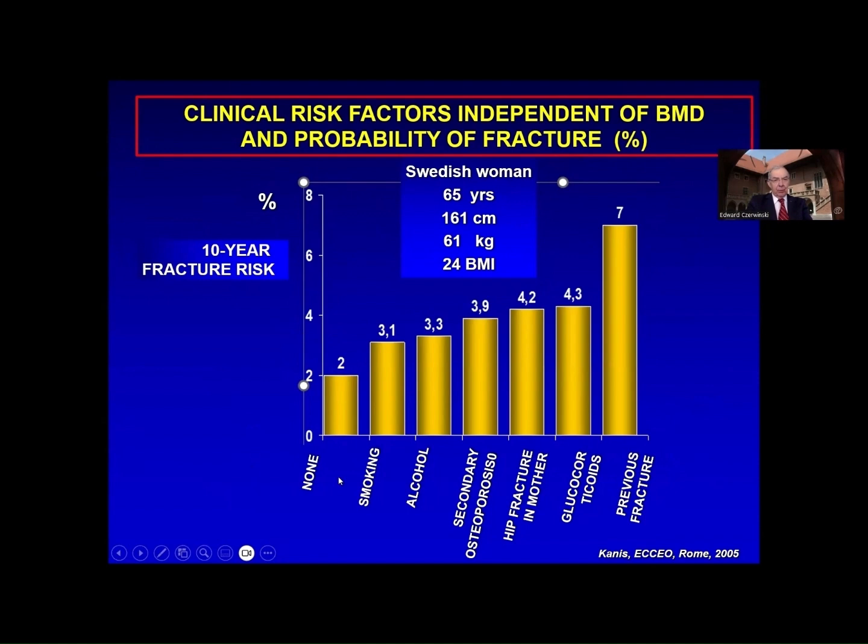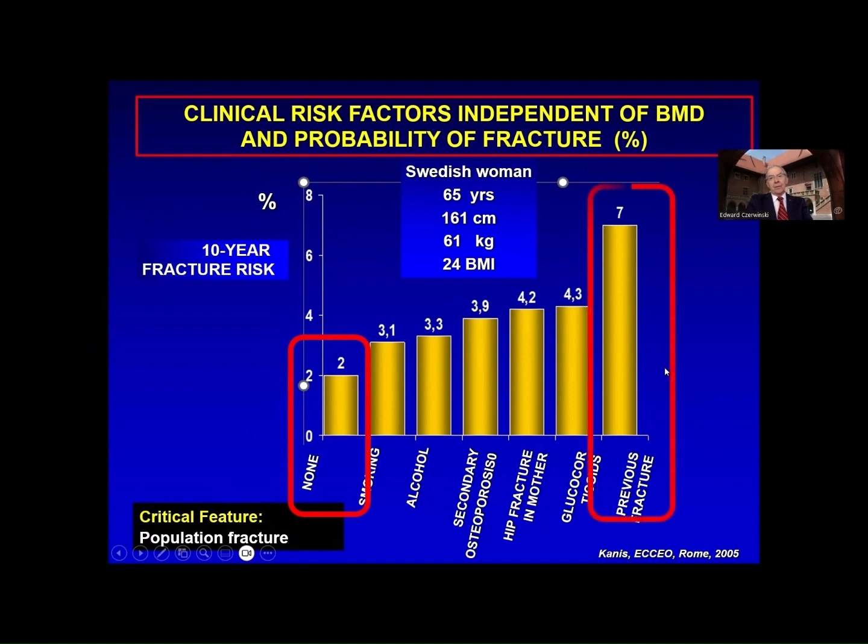And we can say this is a population risk. But if she is smoking, her risk will be 3.2%. If she had a fracture in her mother, the risk is 4.5%. And if she has a previous fracture, her risk will be 70%. If we have multiple risk factors, they are magnified. So this is the critical feature: population risk.